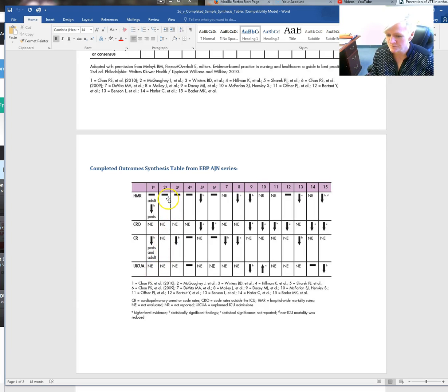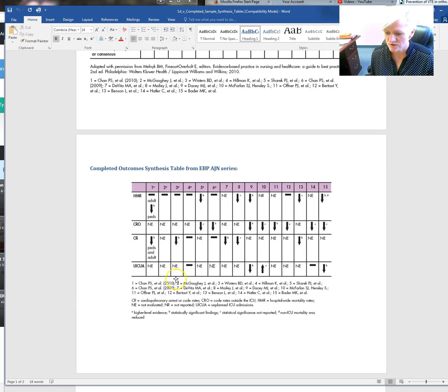So Article 2, if you look at it, it probably wasn't a great article to address this issue because it showed that the rapid response team didn't do anything for hospital-wide mortality rates, and then it was not evaluated in the other 3. So they don't get a whole lot from that one. And so you can just go on looking at it. So this is a really good way to give yourself kind of a pictorial view. And with you just having 4 articles, it may be a little harder to get.